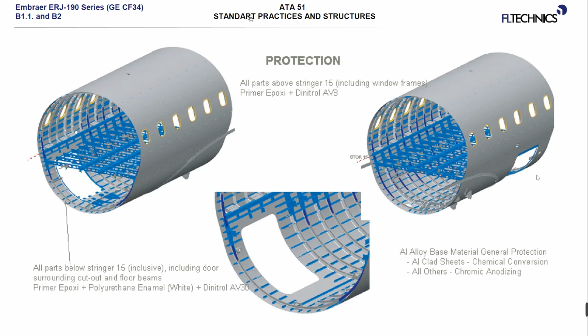The most popular is the dinitrol. You know, this brown sticky liquid which we are using to protect the structure against corrosion. But before that, the structure is first protected with primer. You know this primer, the green color? Yes.